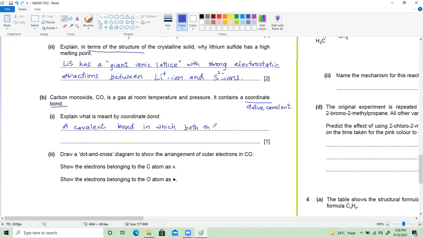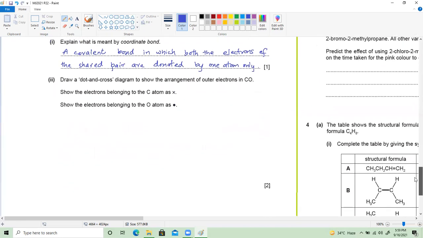Both the electrons of the shared pair are donated or given by one atom only. So that's called a dative bond or a coordinate covalent bond. You got it right as well.